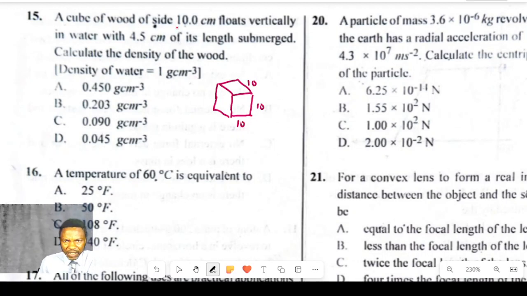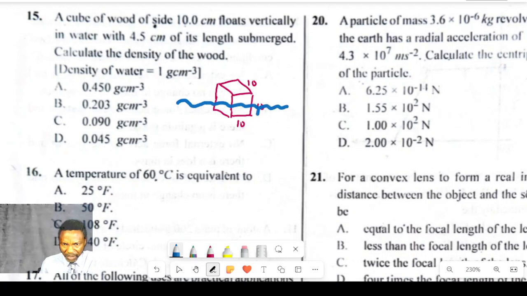And then what does it say? It floats vertically on water, then 4.5 cm of its length is submerged. So let's see this cube submerged in water.